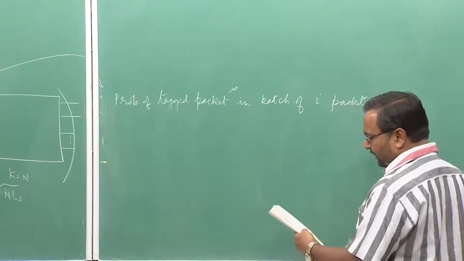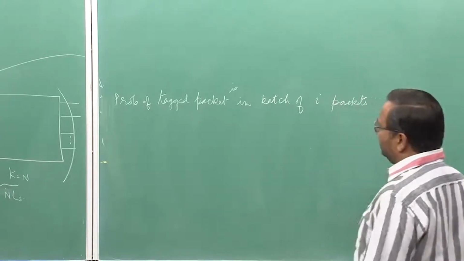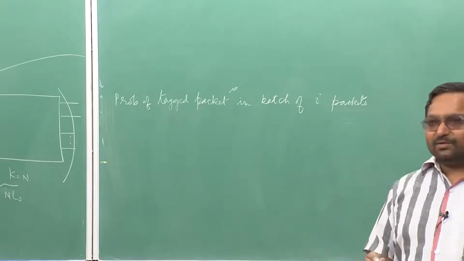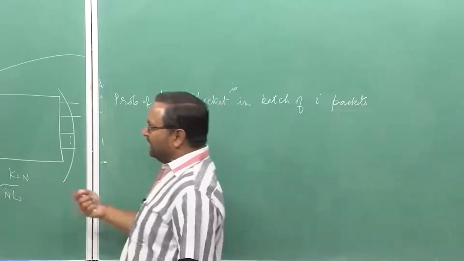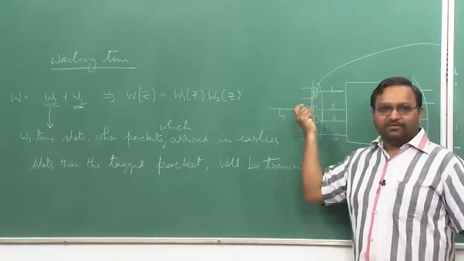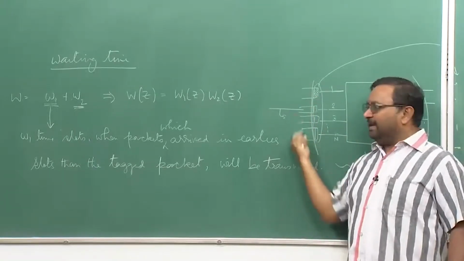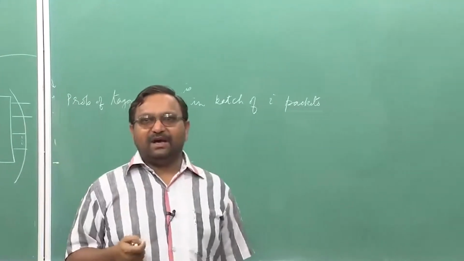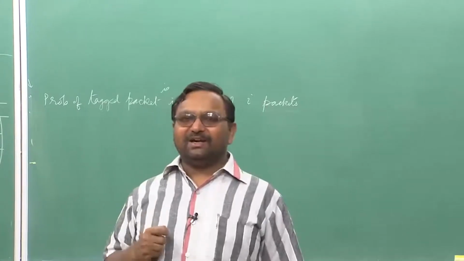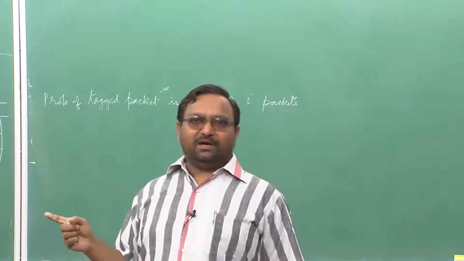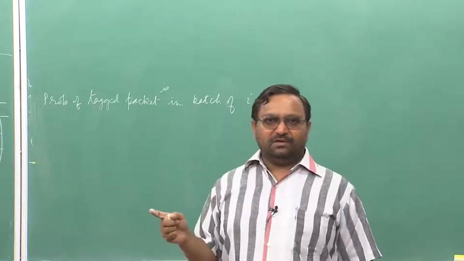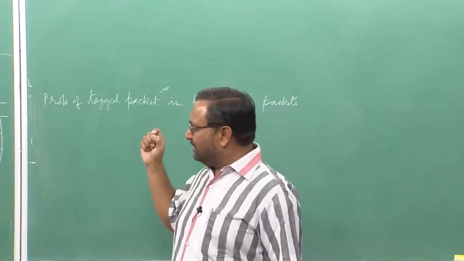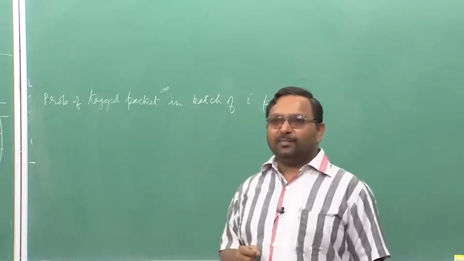So, how will this be found out? A tagged packet will be in the batch of I packets if the remaining, so there is one packet, the tagged packet which is already there, it is a conditional probability on the arrival of the tagged packet, remember. So, the remaining n minus 1 inputs should have I minus 1 packets directed to the same output port. That is the conditional probability that you will have the tagged packet in the batch of I packets.